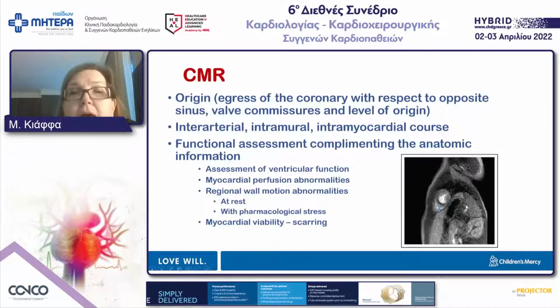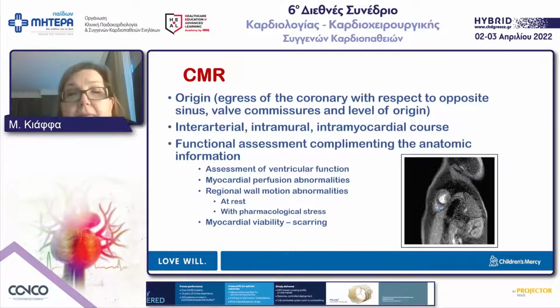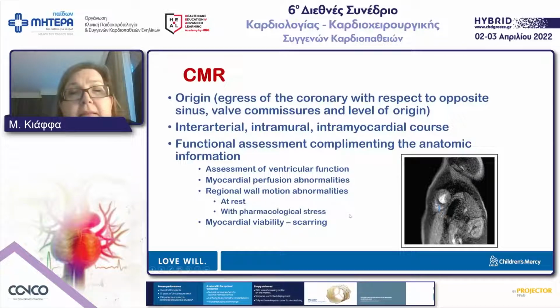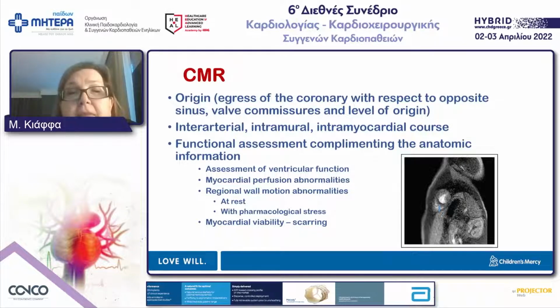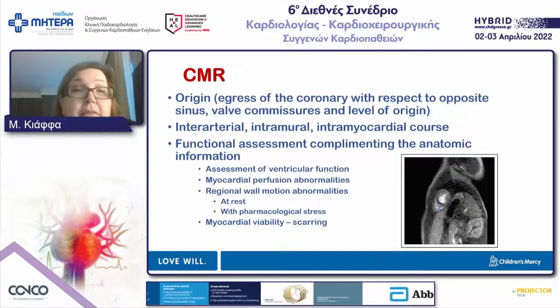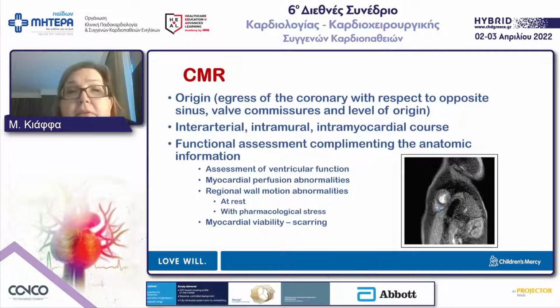The cardiac MRI is an emerging technique that has very good results as far as imaging coronaries, especially in older children and adolescents. It will give us the origin, the commissures, and the relations to the origin of the vessel. It will give us the level of the origin. And of course, it will characterize the course: interarterial, intramural, intramyocardial.